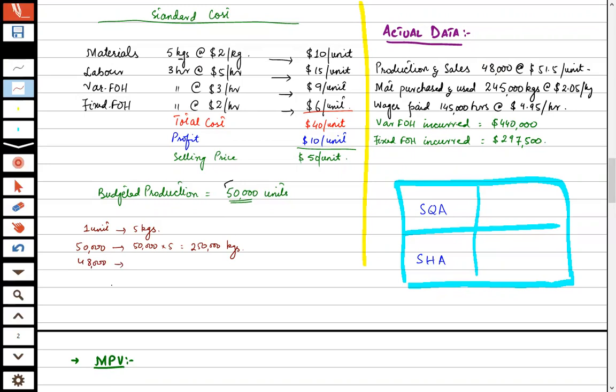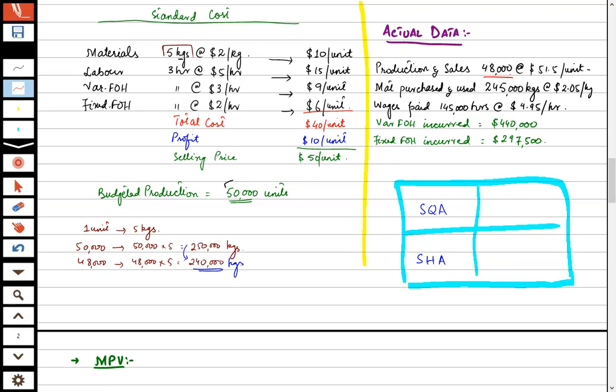So how much should we have used according to this 5 kg standard? That is 48,000 into 5, that is 240,000. Now our standard according to the actual production has dropped from 250,000 to 240,000 kgs. This is our standard quantity allowed with respect to the actual production. Hope this point is clear.